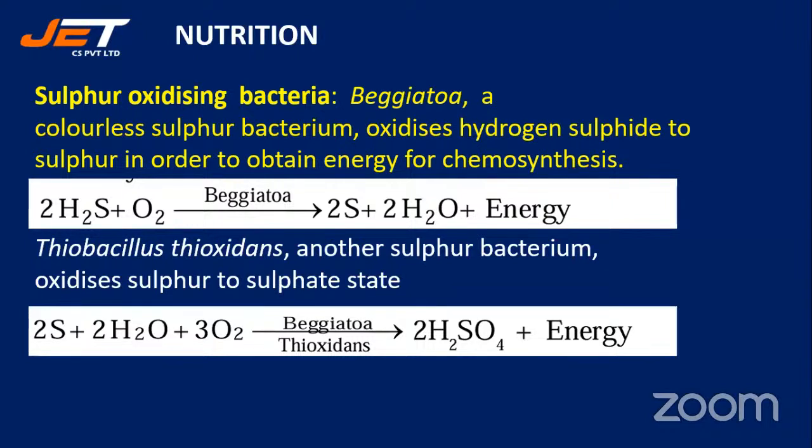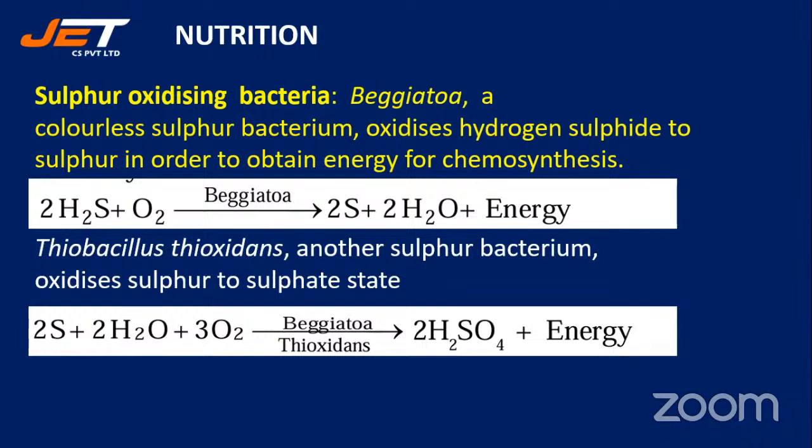Okay. So what is this? This is the sulfur oxidizing bacteria, Beggiatoa. It is a colorless sulfur bacterium. They oxidize hydrogen sulfide, and they get energy. Thiobacillus thiooxidans just oxidizes sulfur in the presence of water.